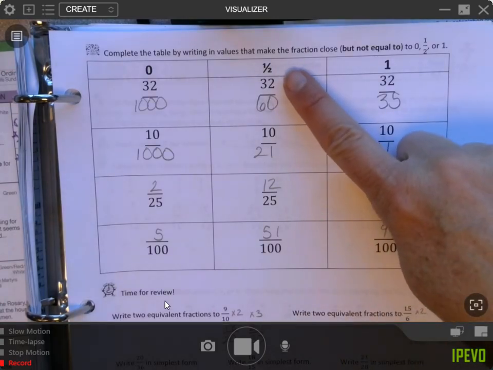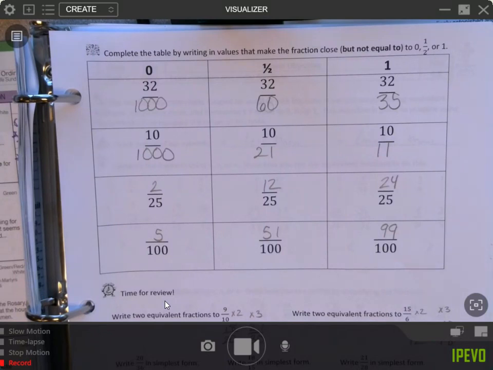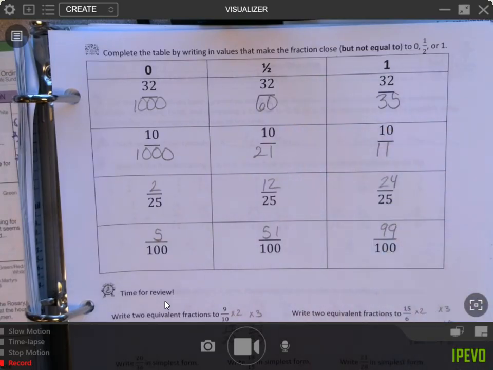Then for being close to that halfway mark, remember we wanted 32 to be close to half, but not exactly half. So 32 is half of 64. Didn't want to put 64 because that's the halfway mark. So you could put a number close to 64. On the answer key, we put 60. I think when we talked in class, we might have put like 65, or 63, something that's close to 64.